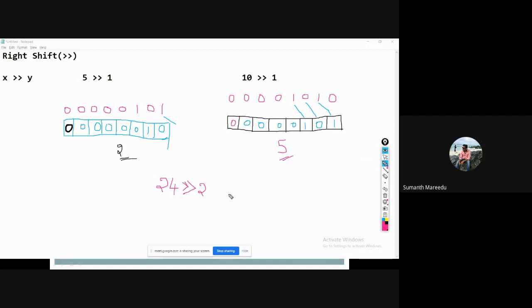So what is the value of this one? 24 right shift by 2. 96? How come?